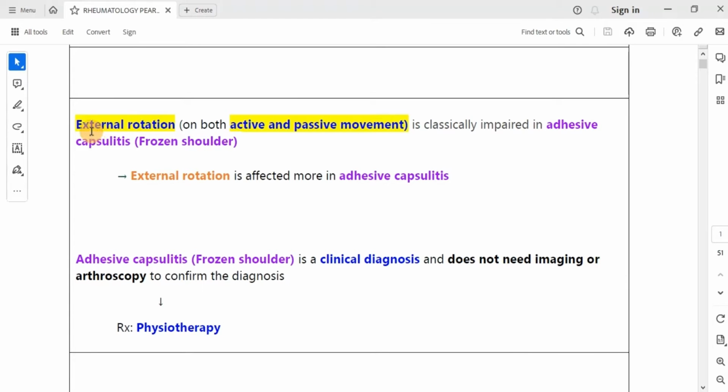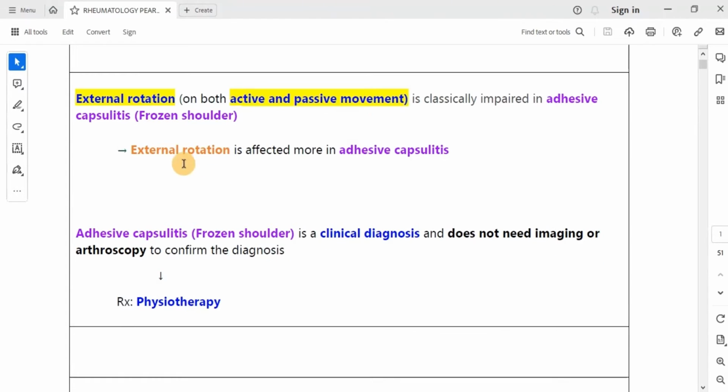Usually both external and internal rotation are impaired, but external rotation is more commonly affected, both in active and passive movement. So external rotation is greater than internal rotation.